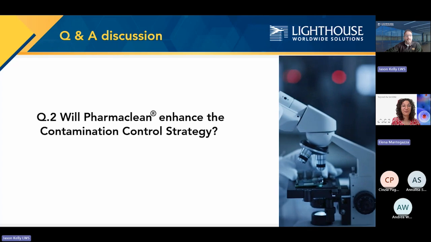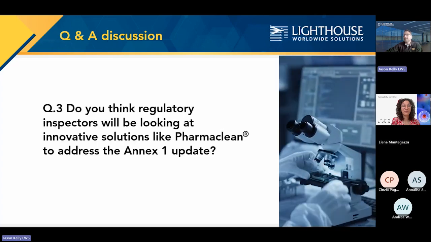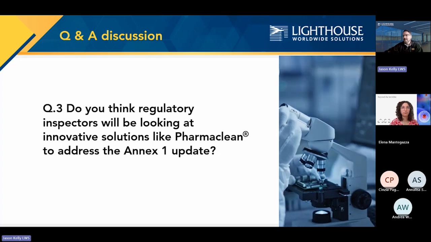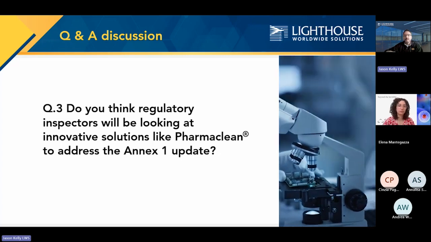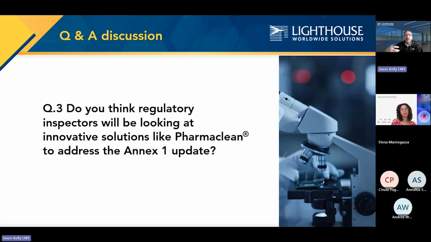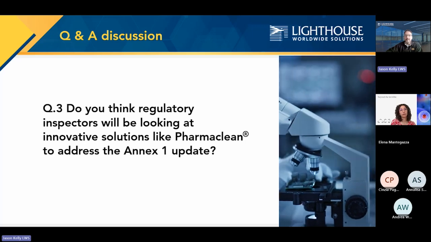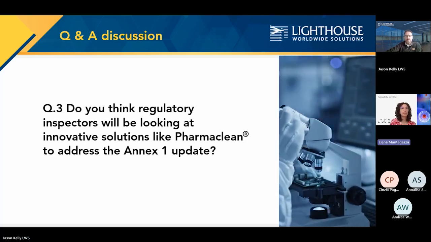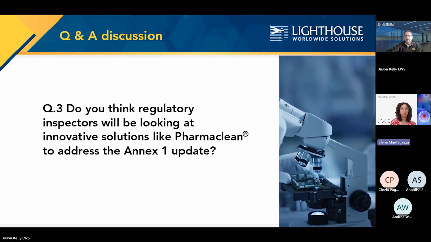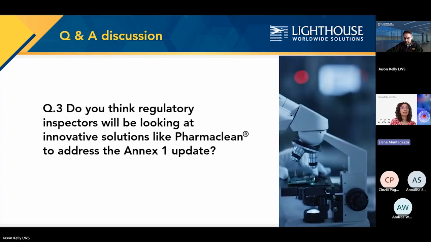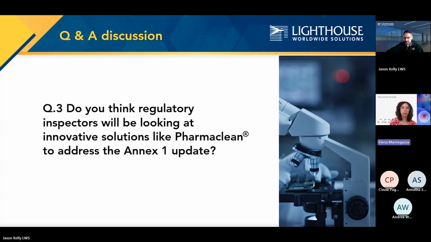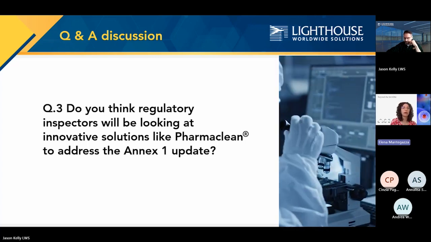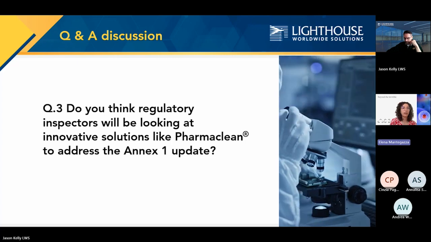Well, let's move on then to our third question. Do you think regulatory inspectors will be looking at innovative solutions like Pharmaclean to address the Annex 1 update? What are you seeing from the field? What feedback are you getting? What we see is that when we participate in events where inspectors are also there, there is indeed a growing attention to particulate contamination, which is especially critical to patients because fibers are pyrogenic.